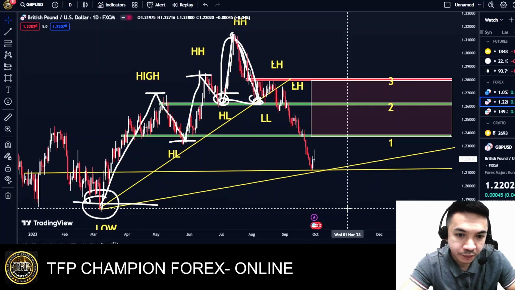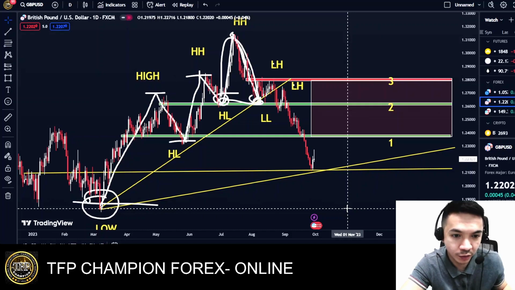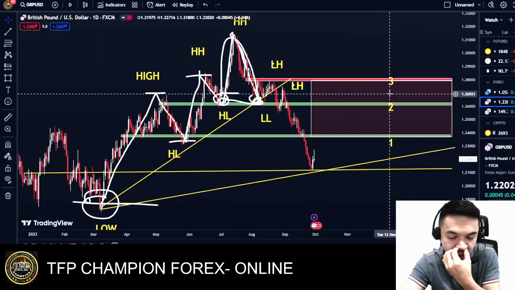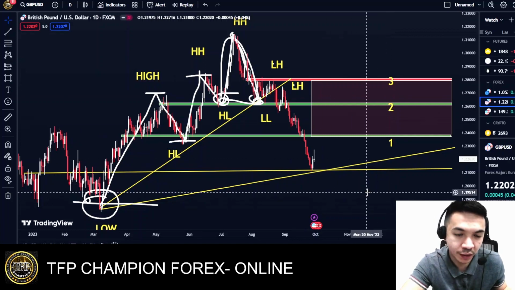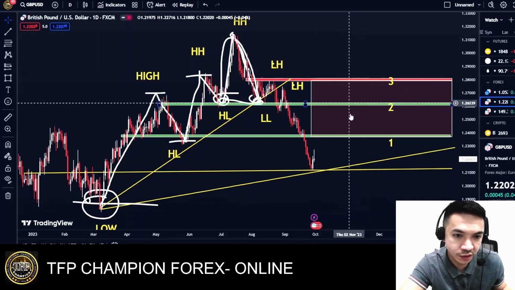Since we are expecting a lower high, we expect the market to go up at a certain level, whether 1, 2, or 3, bago siya ulit bumaba. So, ano yung pwedeng opportunity? It might be a double opportunity for you. Kaya sabi ko, you cannot be dependent on trend alone. Kasi kung trend lang, downtrend, I will just be looking for sell areas.